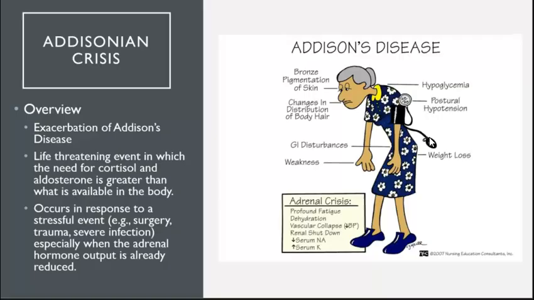Take your emergency dose, go to the ER. If they're starting to get sick, make sure they have extra doses. If they're taking their med-surg exam, of course they're going to be using up some cortisol. So Addisonian crisis can occur in response to any stressful event, such as surgery, trauma, severe infection, especially when adrenal hormone output is reduced.